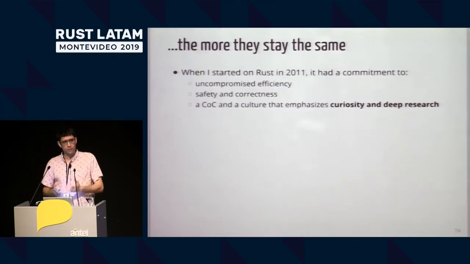And so to make sure that happened, we had a code of conduct to ensure that people are treating each other nicely. And we had a culture that was really focused on exploring trade-offs, figuring out why are these two things in conflict? Can we find a way to bridge that conflict, or is it really irreconcilable, and so on, right?